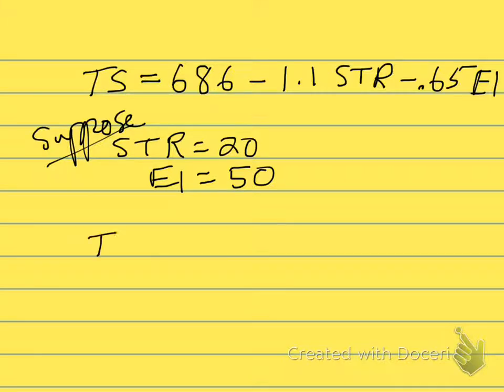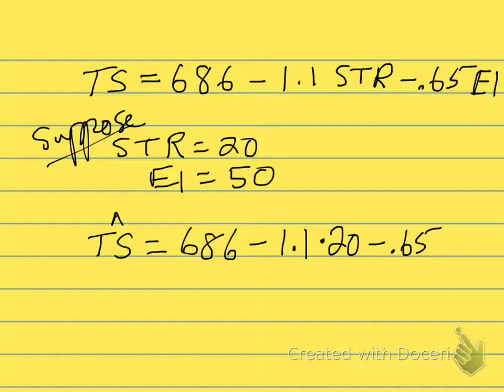So our predicted test score for that observation, or a prediction for a hypothetical school district, would be 686 minus 1.1 times 20 minus 0.65 times 50. So that's our 20 here and our 50 here.